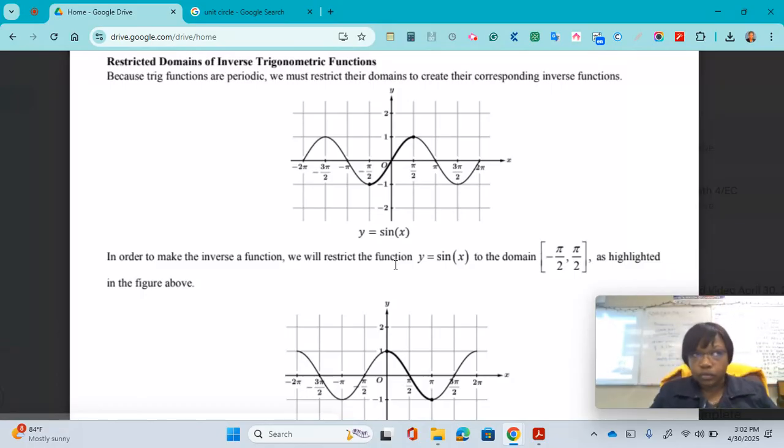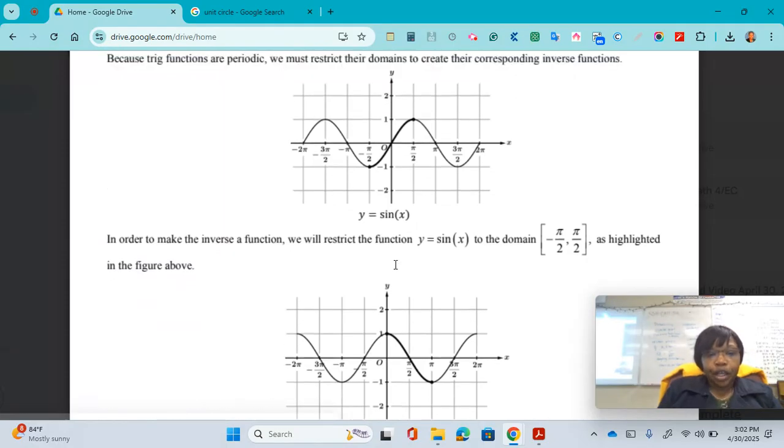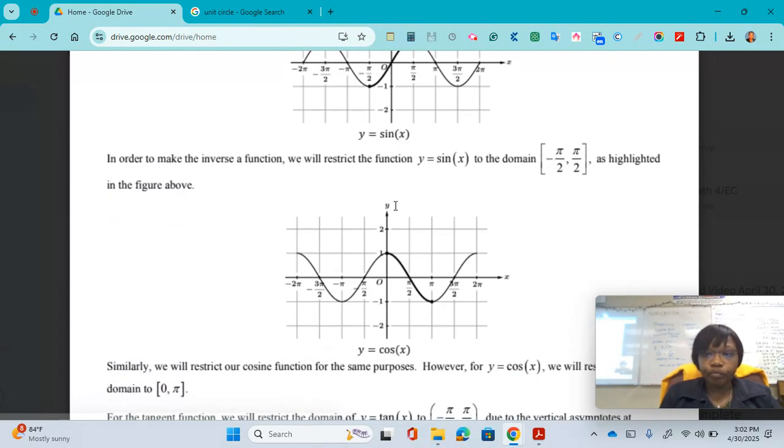In order to make the inverse a function, we will restrict y equals sine of x to the domain of negative pi over 2 to pi over 2. That is why it's highlighted. You can only look at that area. Y'all see how that restricts?